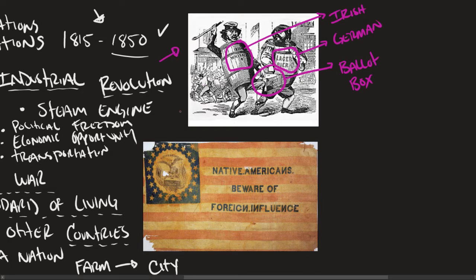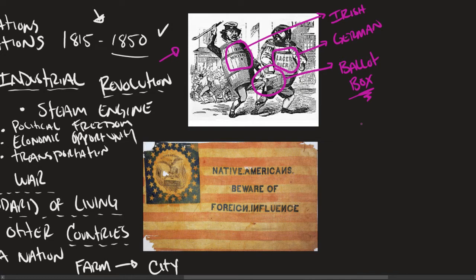The fear is that there are large portions of people coming from Ireland and Germany, assumingly with no prior knowledge of the United States, its history, its culture, its government system, and they can cast their ballots.